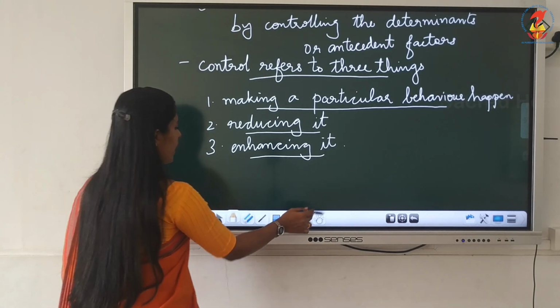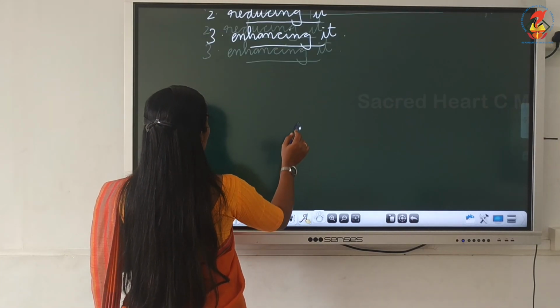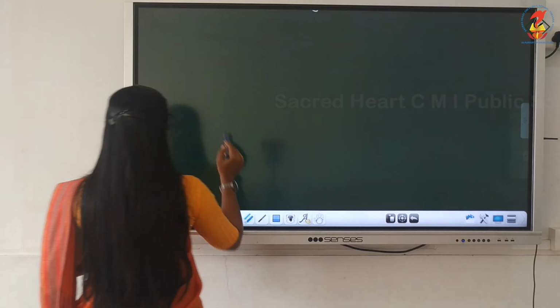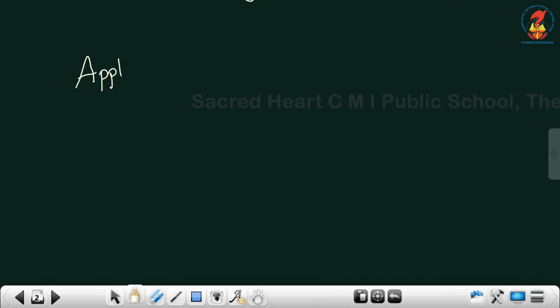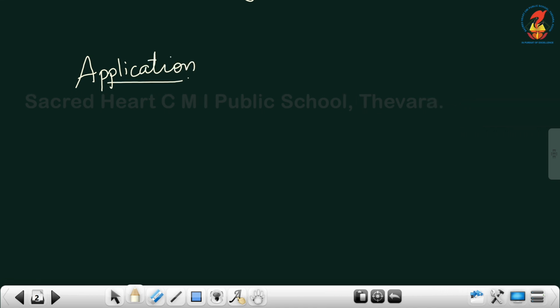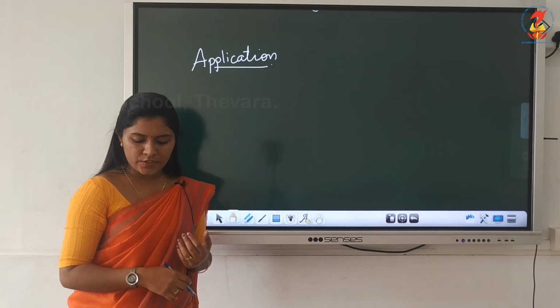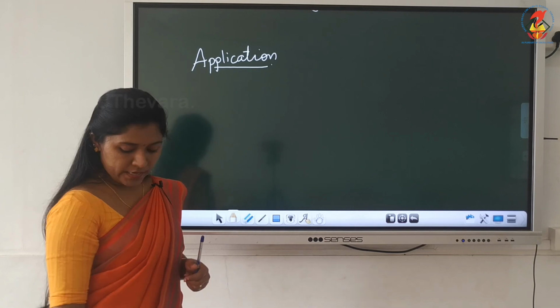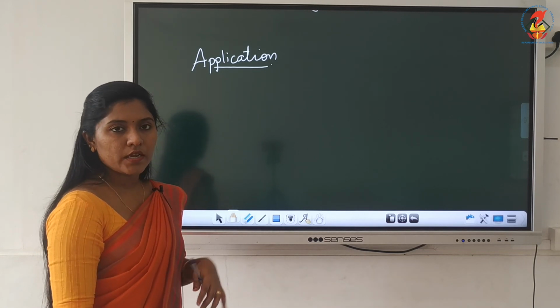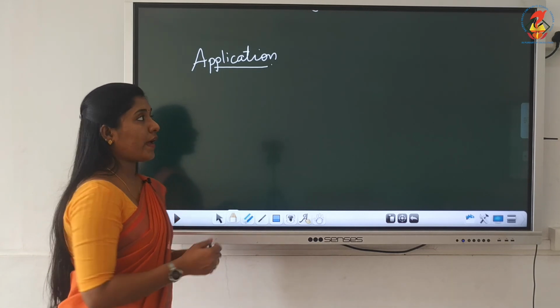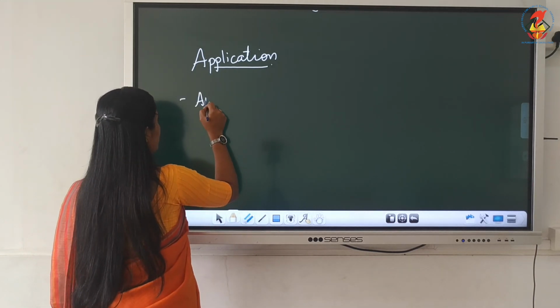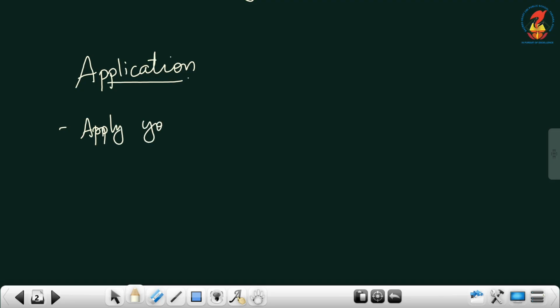Now the last goal of psychological inquiry is application. Once the research conclusion is drawn after the various methods of data collection, and you have researched and analyzed the data, now you can apply your studies in real life.